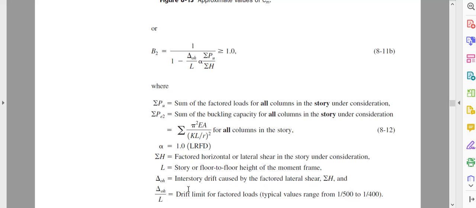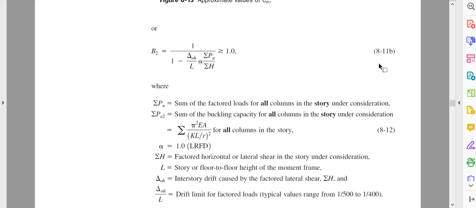Delta OH is the horizontal deflection at the top of the building, the horizontal sway possible over L, the story height or floor height. This is typically assumed. It is not that you will calculate the drift or the sway. You will assume something in between these two, and then the summation of applied load on the floor. It might have 10 columns, no problem. Summation of all of it divided by the summation of horizontal load, the factored horizontal or lateral shear.